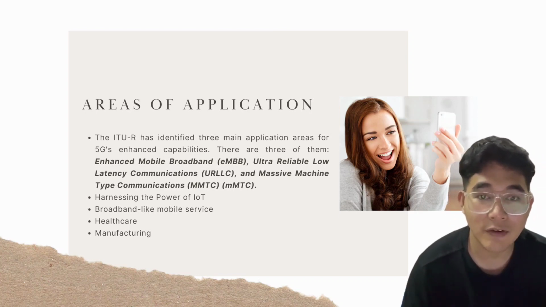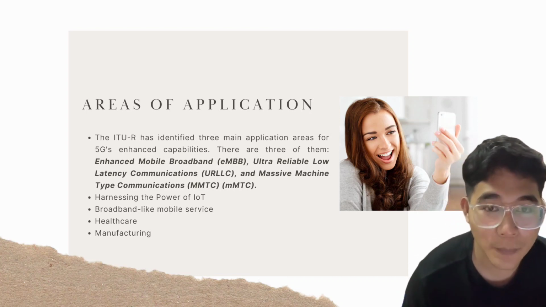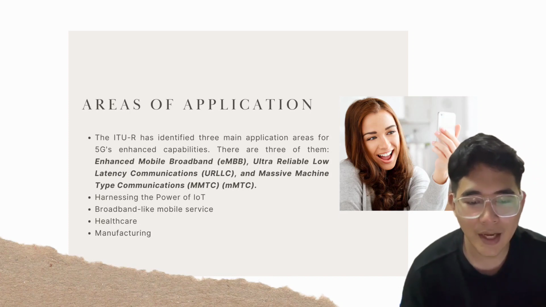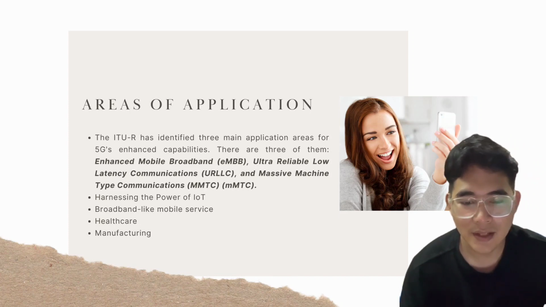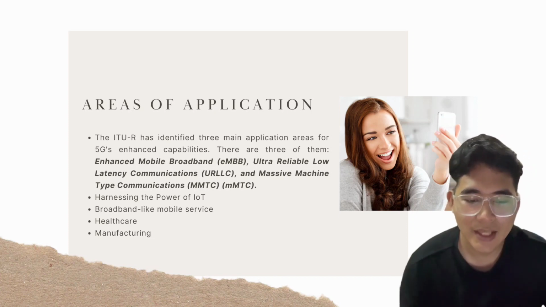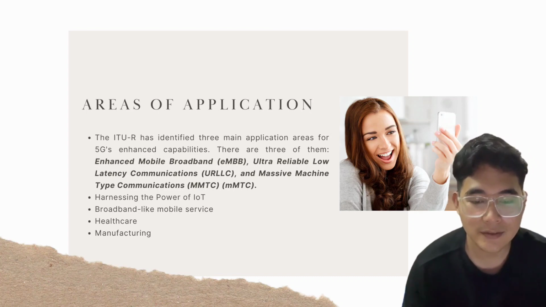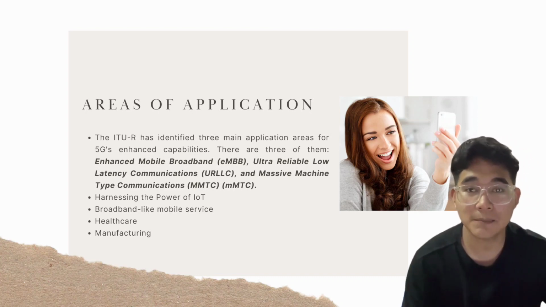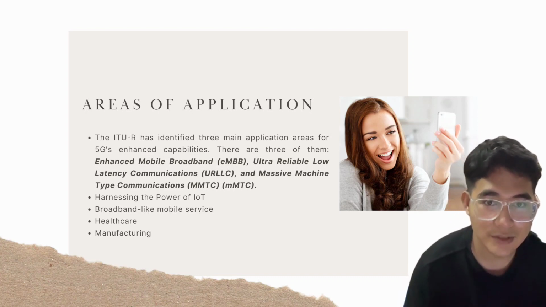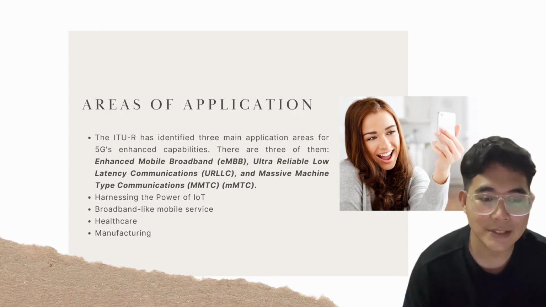URLLC stands for Ultra Reliability and Low Latency Communications. It provides ultra responsive connections. It offers less than 1 millisecond air interface latency. And the last one is it offers high speed mobility. So that's all for the areas of application for 5G network.